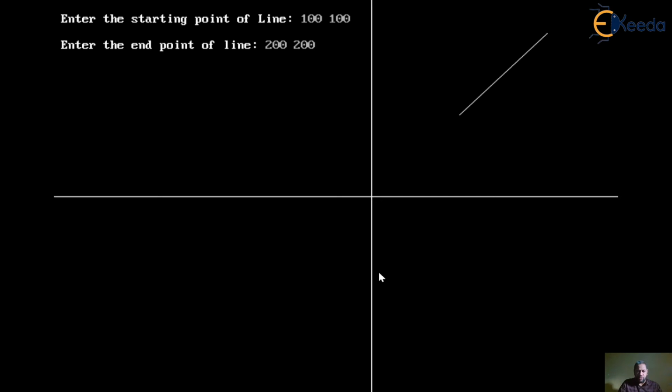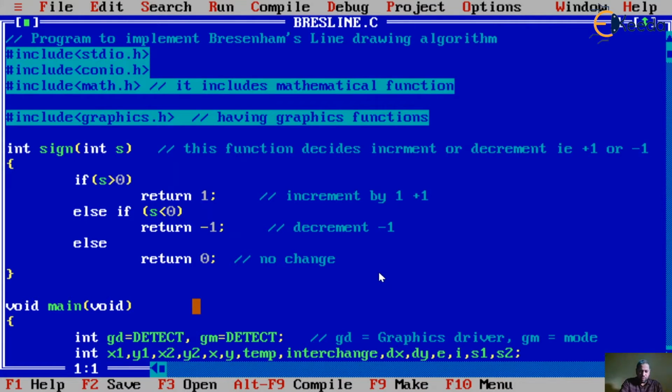100, 100 to 200, 200. Now suppose I want to draw it into the second quadrant. You can find in the second quadrant the value of x is negative. So again I will execute the same program, F9, Control F9. What is happening?